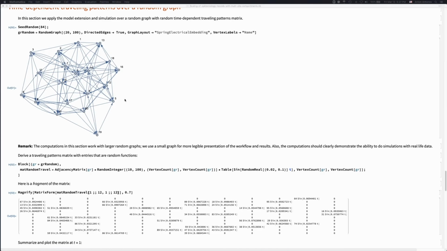And now the question is, with your real data, do you know the traveling patterns? What is going to be included in those traveling patterns? Is it just, say, flying by air, or if some of the sites are close enough in proximity, you might consider traveling, say, by rail or by car and so forth.